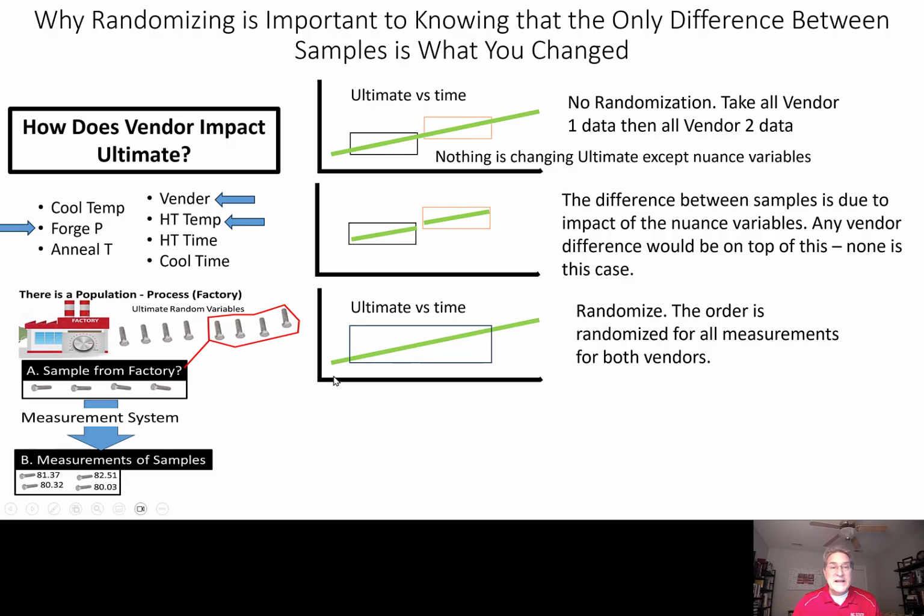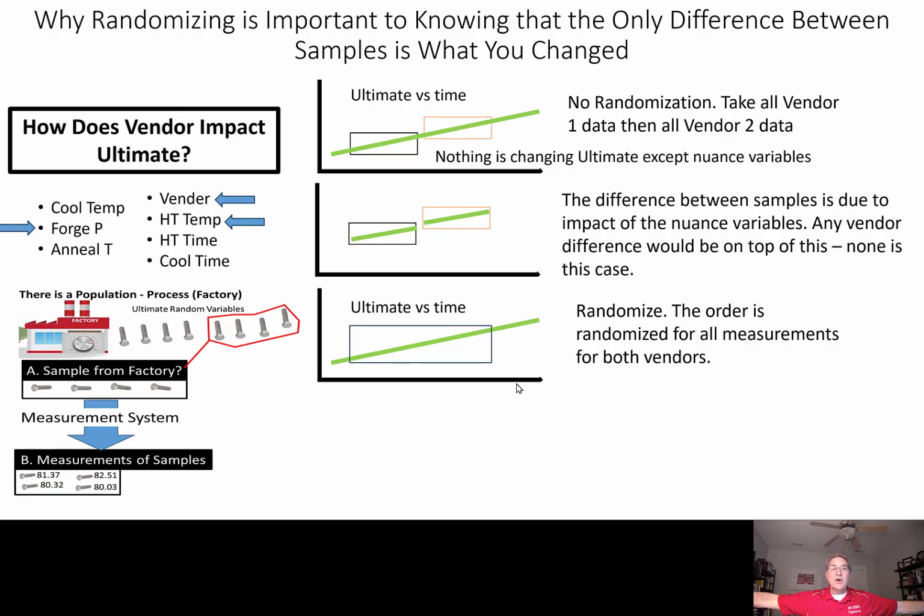So now all of a sudden, which vendor material is going through the factory when is random. What we've done is we've spread each vendor's material randomly through this time period. So the effect of that temperature change, we've spread across both vendors equally. Nobody got penalized like over here, where vendor 2 got penalized because of the change. We spread the love.